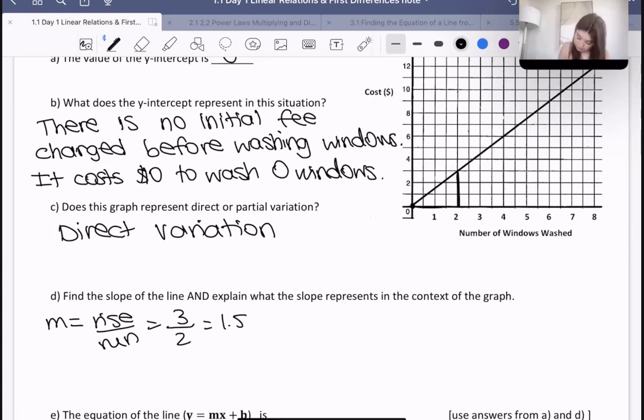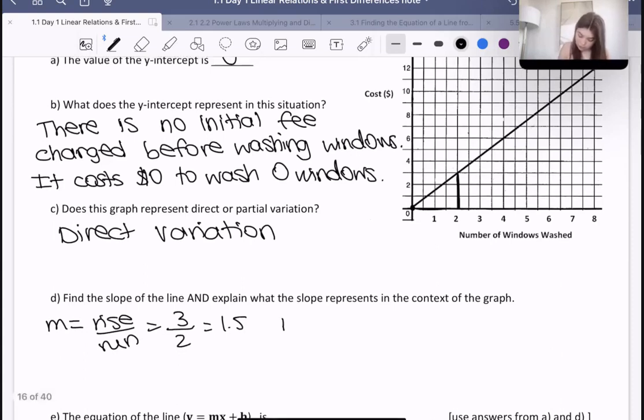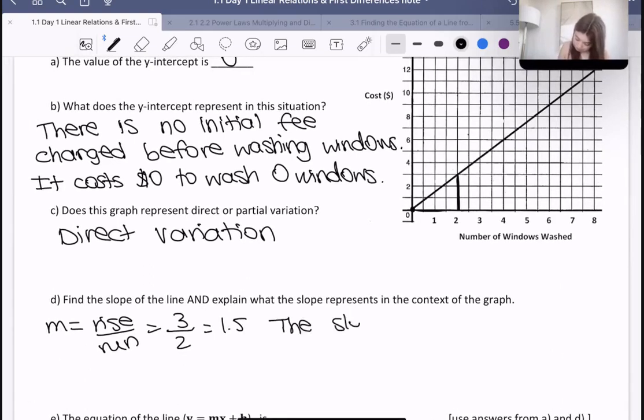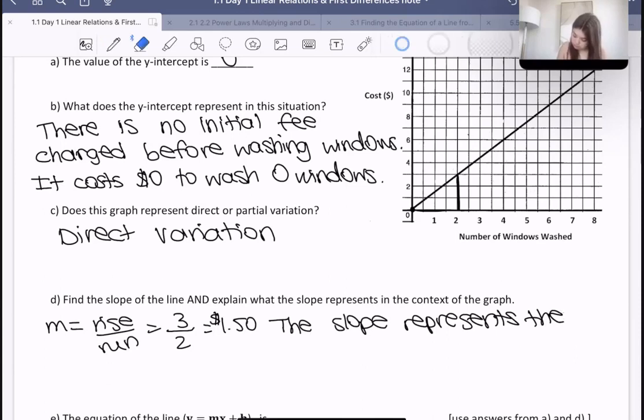So the slope represents the cost per window, right? So it costs $1.50 to wash one window, which, you know what? That seems like a pretty good deal.